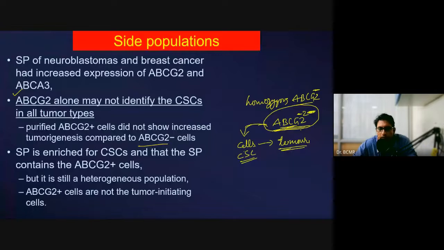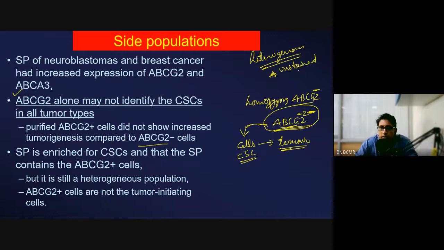So I hope you understood that the side population still has different cell types. That means there is a mixture of cells. What is common in all of them is probably that they're all unstained.